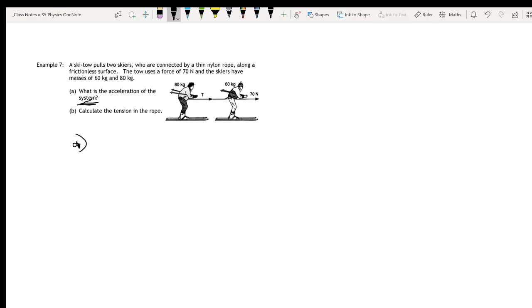Okay. So acceleration of the system. So we can look at it like this. I'm not even going to try and draw people, so 80 plus 60, one big mass, being pulled by a 70 newton ski tow.